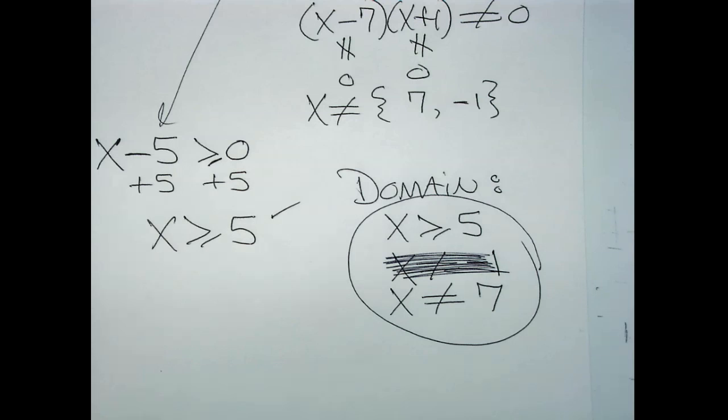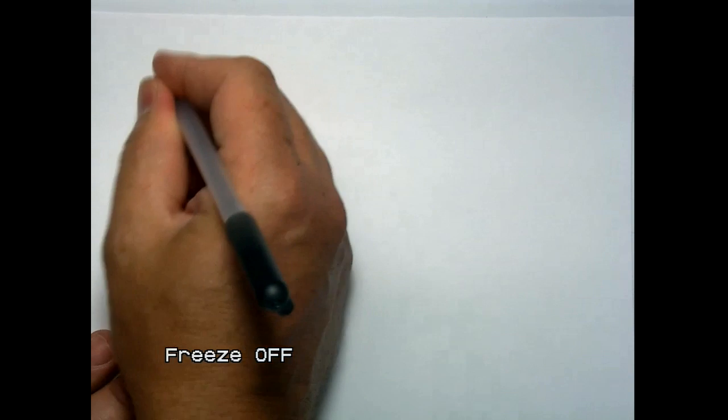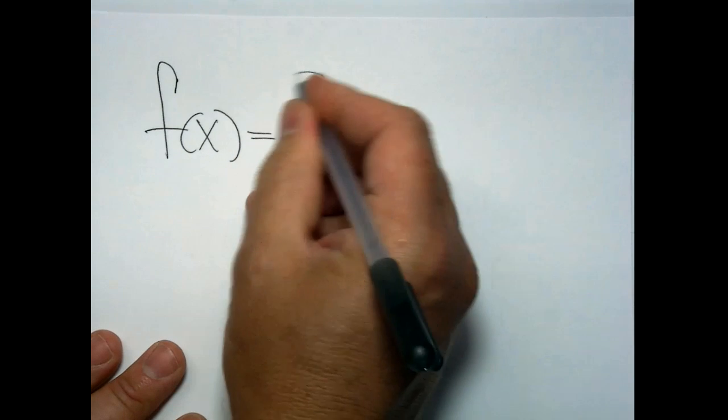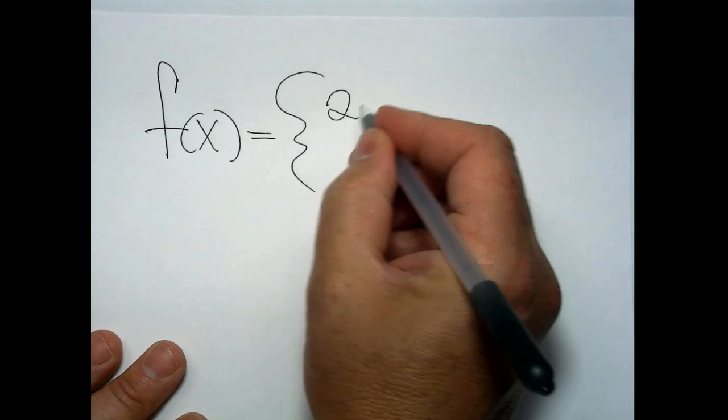Two final things to finish with. We do have what is referred to as piecewise defined functions, and they look something like this.